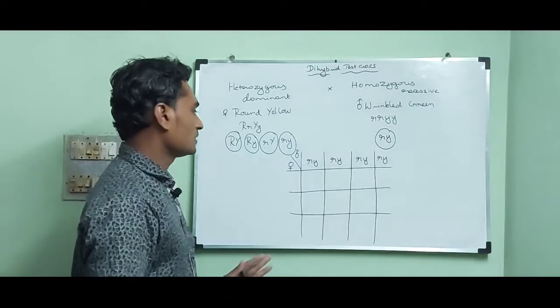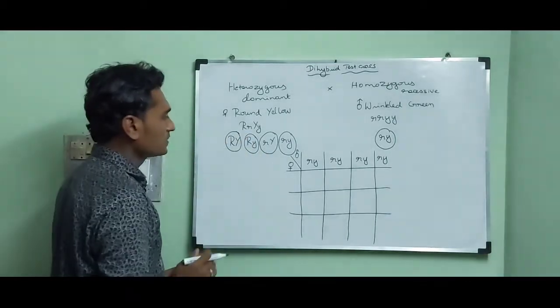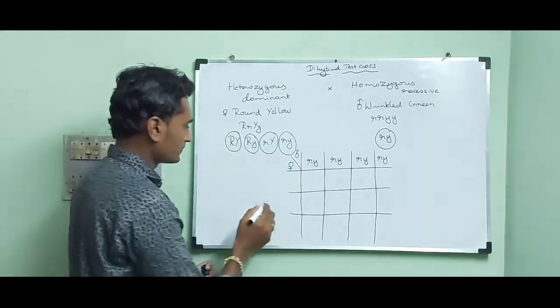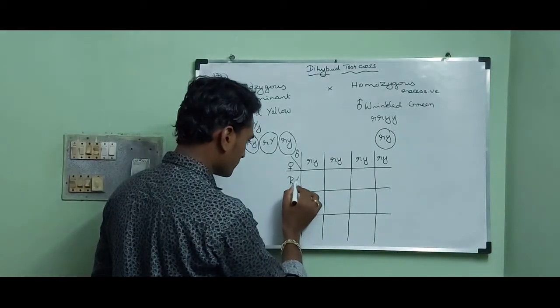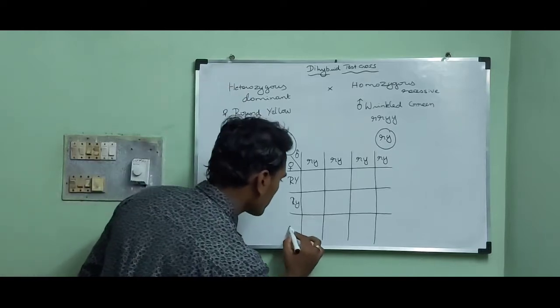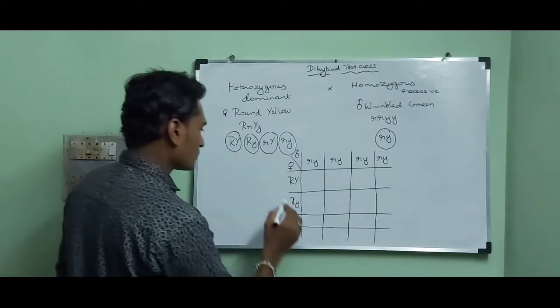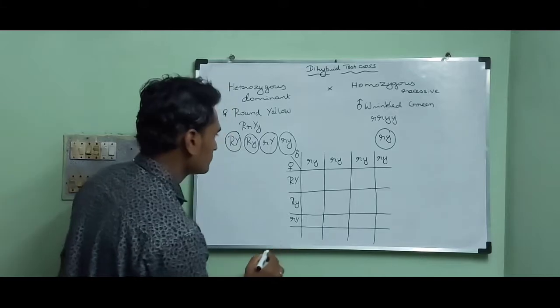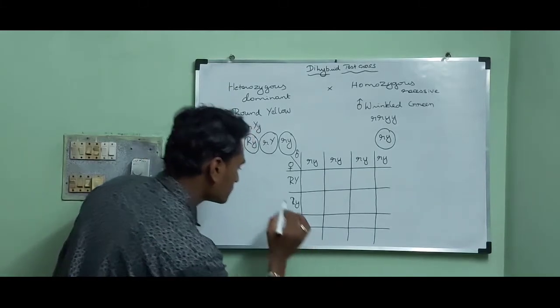In the columns, the gametes are plotted like this: capital R, capital Y; capital R, small y; small r, capital Y; small r, small y.